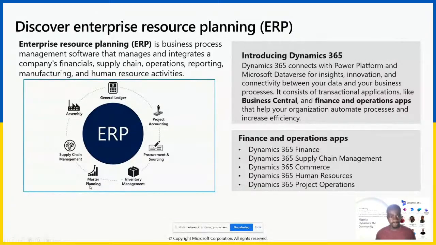So we can plan for our items, we can plan for production. We have the inventory management, we have the procurement and sourcing, where we can raise our purchase orders, our purchase requisitions. We can send out RFQs, which are requests for quotations, to vendors, and we will get the reply from them. We can also see how we can compare those and make better decisions.